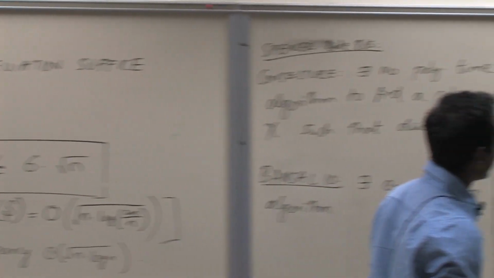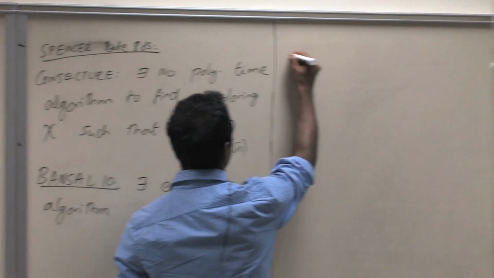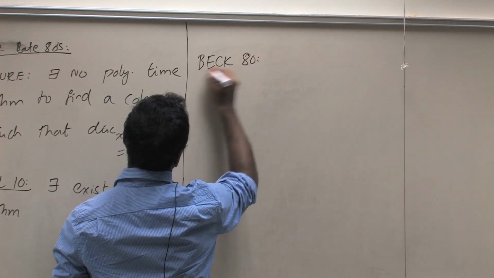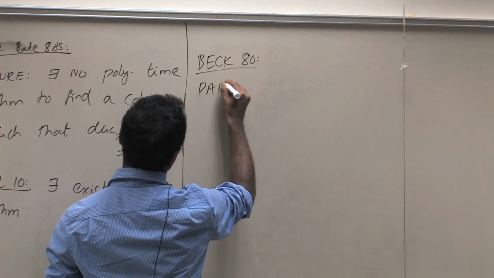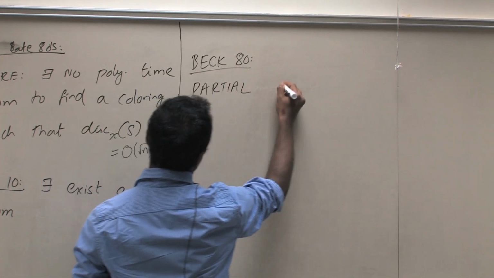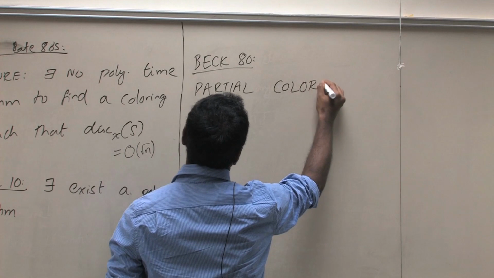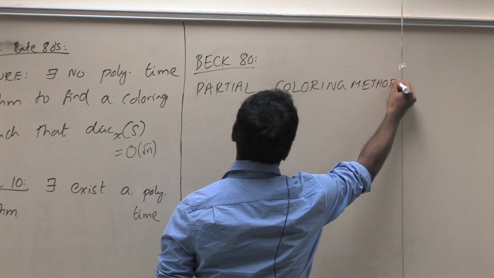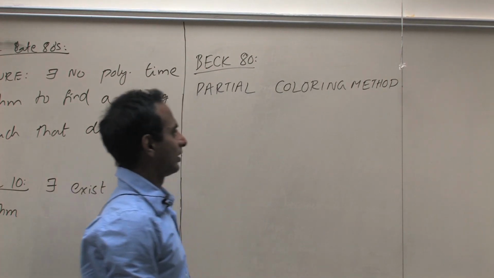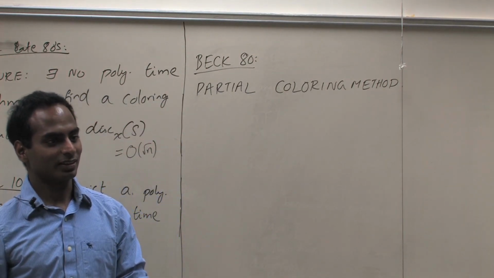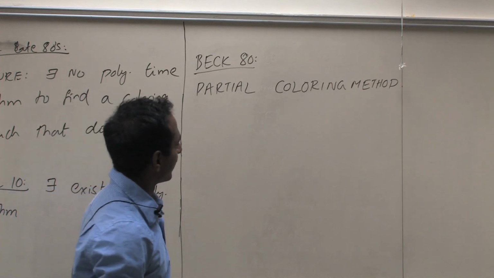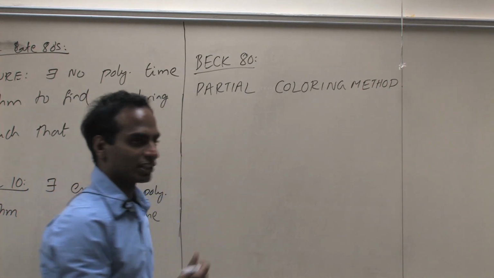So we'll follow what's called the partial coloring method, and this was introduced by Beck in '80. This is a very beautiful method, and to me, to this day, it seems very surprising that it's so effective, given that the full problem is so hard. And the method is as follows.